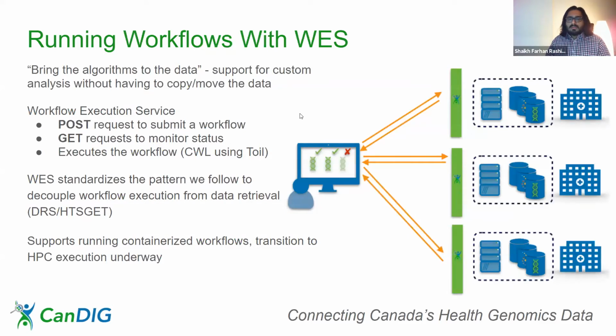And another way in which we've used the GA4GH cloud APIs is with respect to workflow execution. In CanDIG, we've adopted this model of computation on local data sets. That requires us to bring the algorithms or the workflows to the data, without having to copy and move them from the local sites.